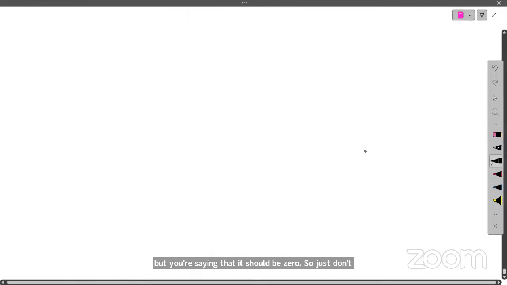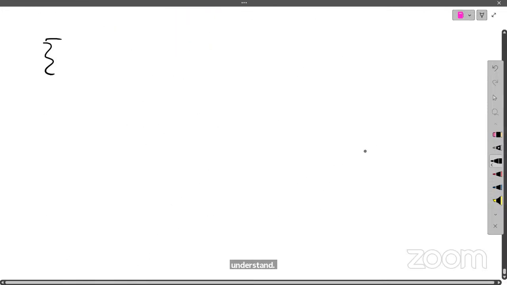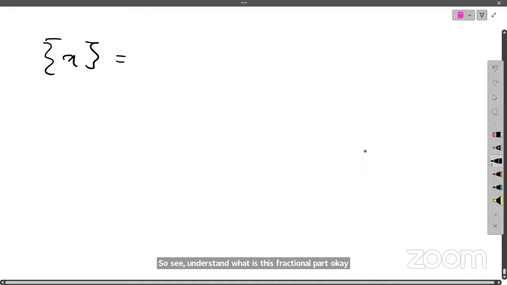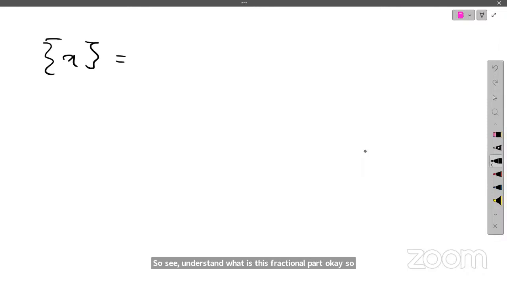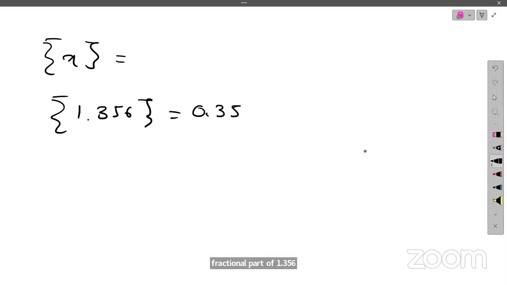Right. So see, understand what this fractional part is. The fractional part function leaves out the integer part. So the fractional part of 1.356 is nothing but 0.356.